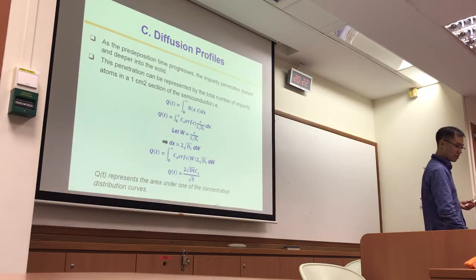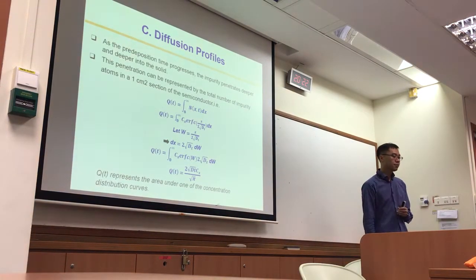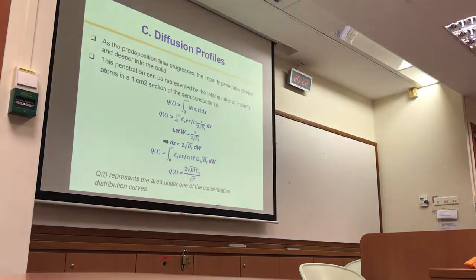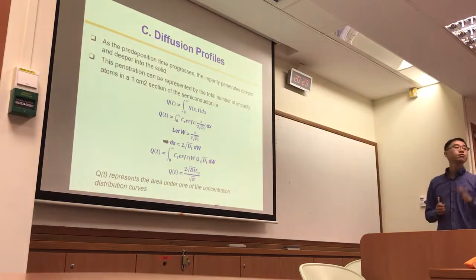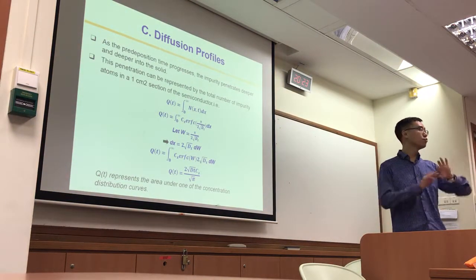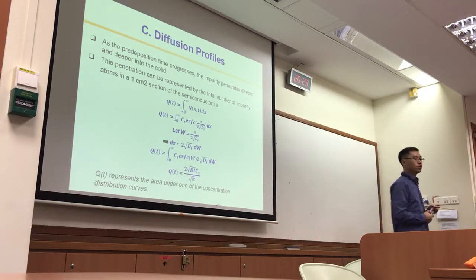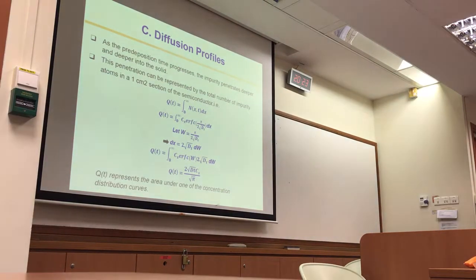Okay, after the pre-deposition, then we do diffusion. When we do the drive-in process, we remove the dopant gas already. Now your total number of dopant atoms is a fixed number.